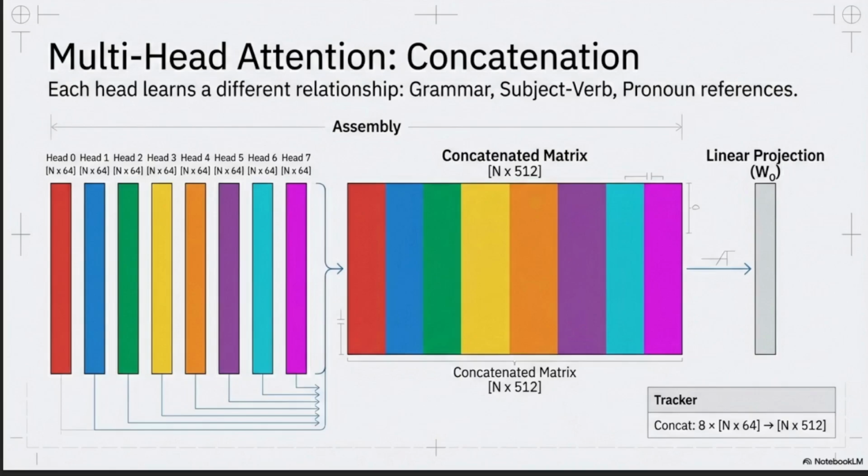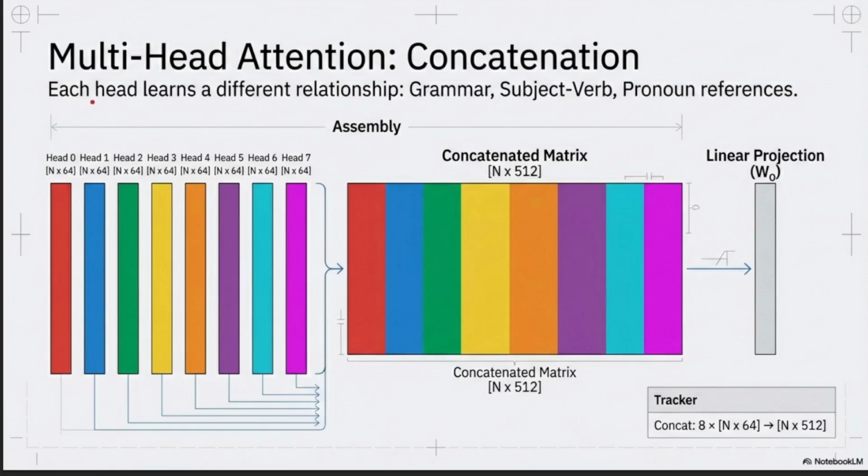This was just one attention head. In the original paper, they used multi-head attention with 8 heads, so H is 8. We performed the previous calculation 8 times in parallel with different weight matrices.